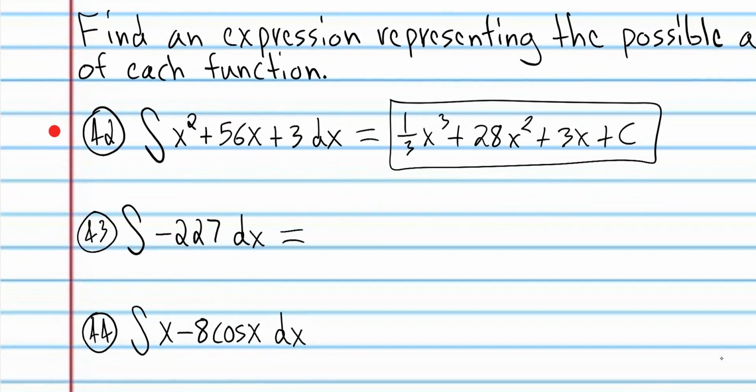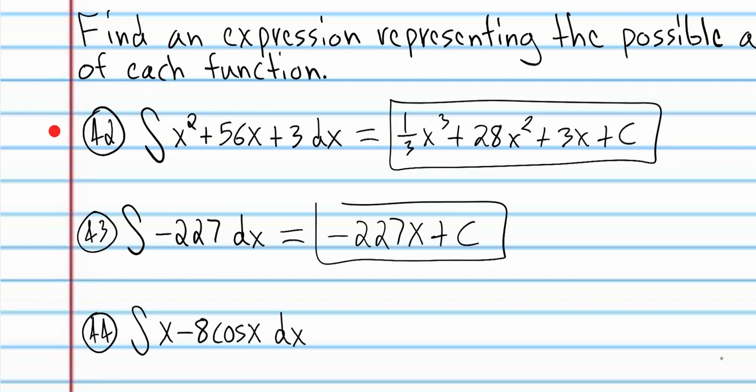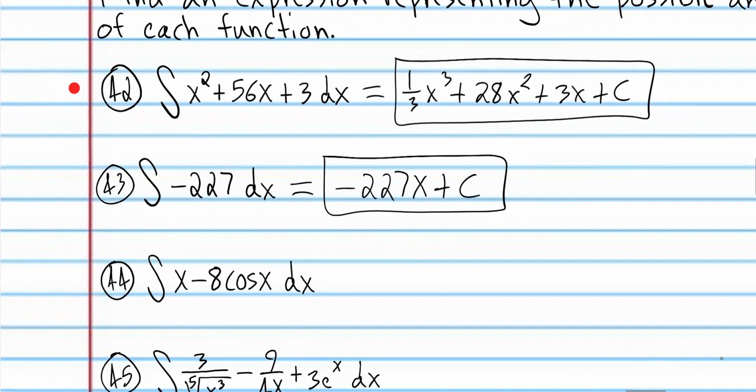So let's try another one. It's just asking you to find the antiderivative of negative 227. Well, that's just going to be negative 227x plus c. That's it. The antiderivative of x is 1/2 x squared. And then the antiderivative of negative 8 cosine x is negative 8 sine x.